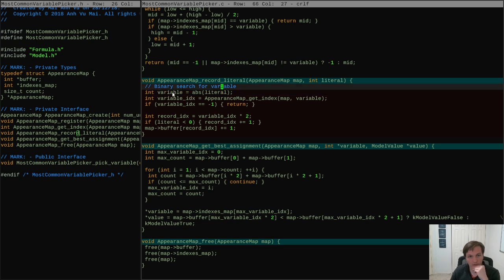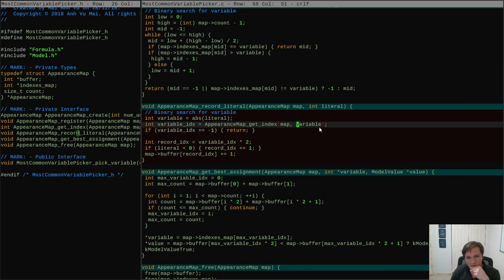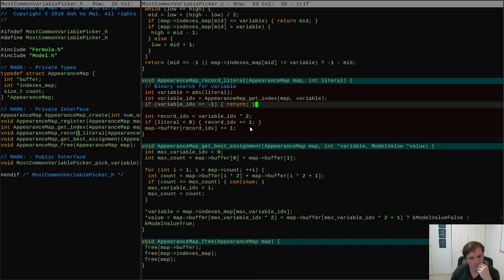Binary search for variable. So we grab the variable, we go get the index in the map. If the variable doesn't show up in the map, we just come out. We're just done.